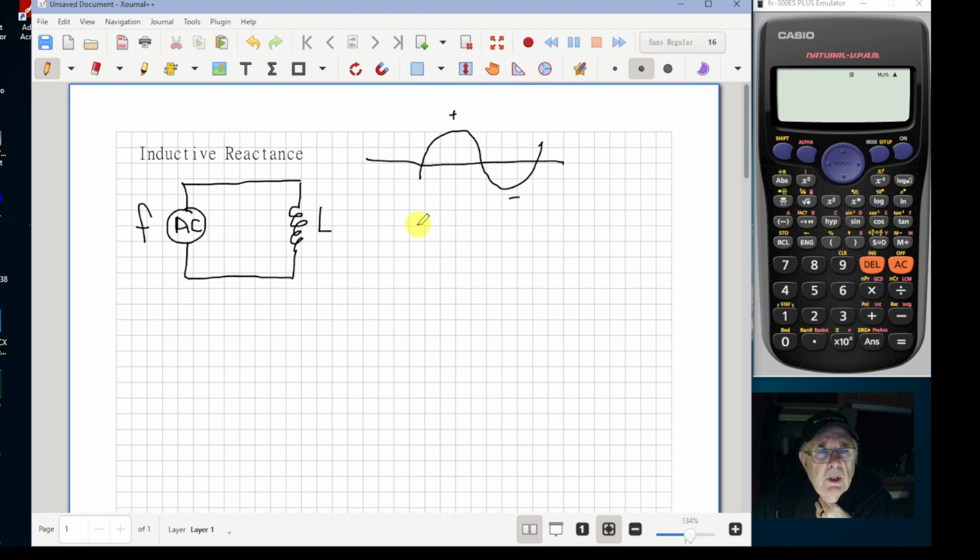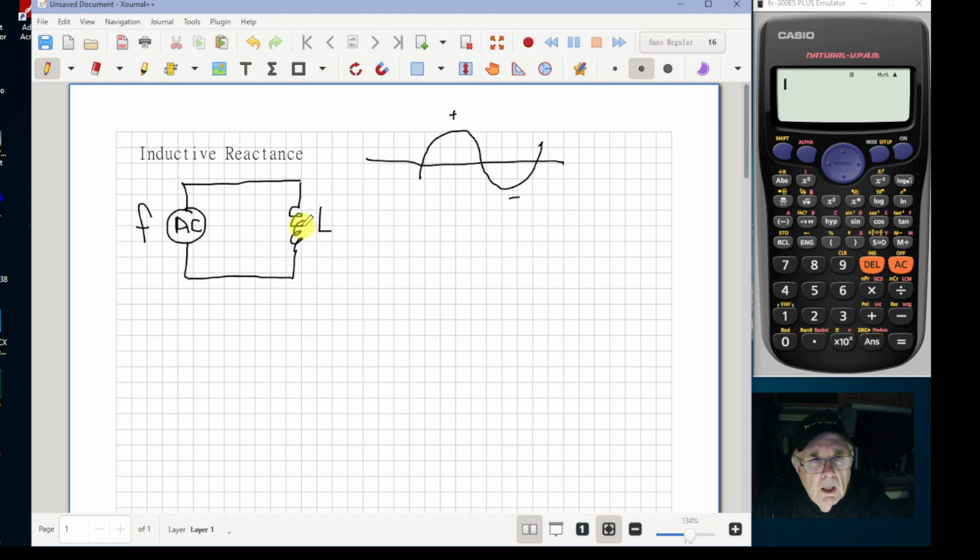Why is that important? Well, we know that when current passes through a wire, DC or AC, it builds up a magnetic field around that wire. And here we have several coils of wire all next to each other.